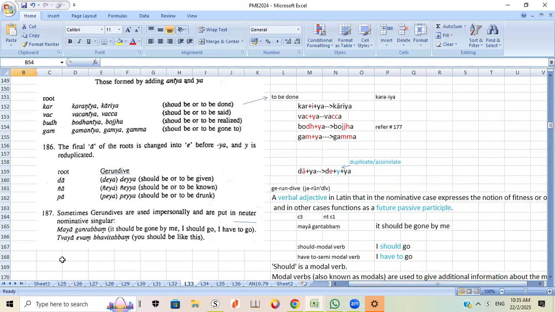Brother Alfred, this verbal adjective, is it the same as what you said just now? Yes, that's how it is in English. I tell you, verb is equal to predicate. So sometimes certain terms are the same.